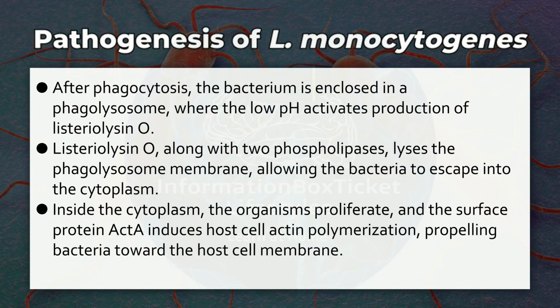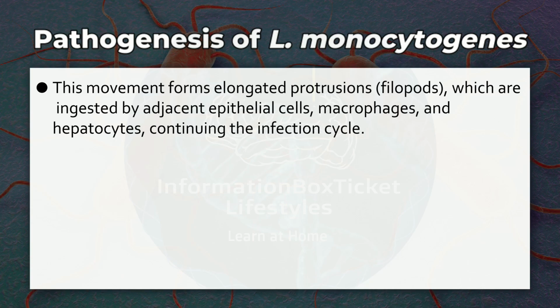Inside the cytoplasm, the organisms proliferate, and the surface protein ActA induces host cell actin polymerization, propelling bacteria toward the host cell membrane. This movement forms elongated protrusions, filopods, which are ingested by adjacent epithelial cells, macrophages, and hepatocytes, continuing the infection cycle.